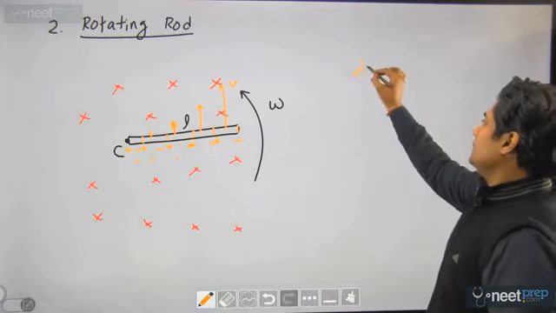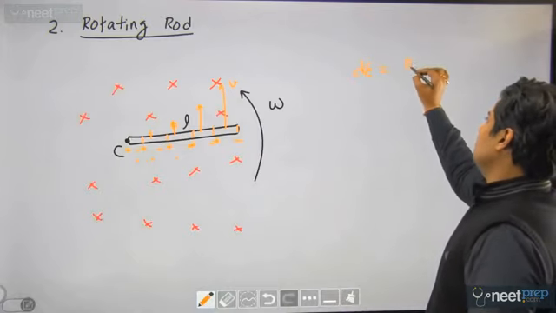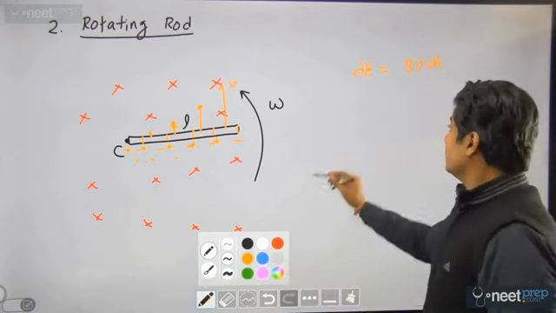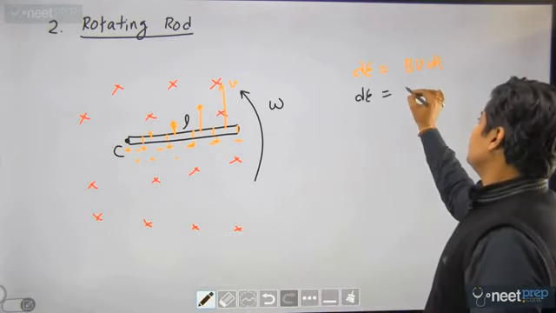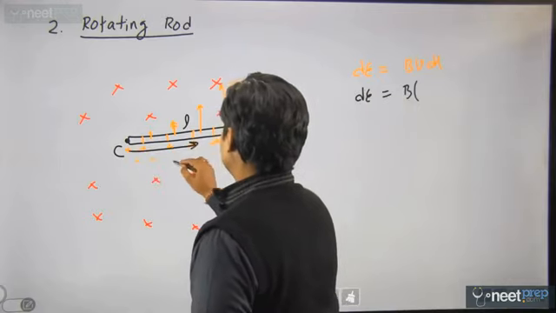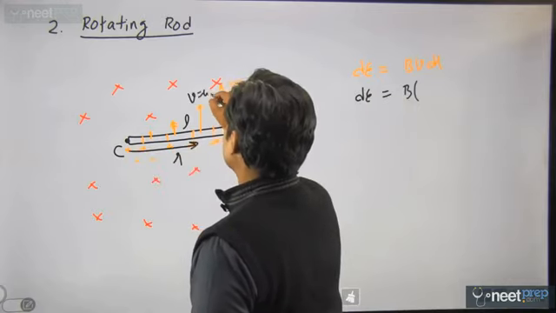So dE you can write as B into V into dL, everything is perpendicular. So dE will become B into V, and the velocity at any distance r will be equal to omega r.